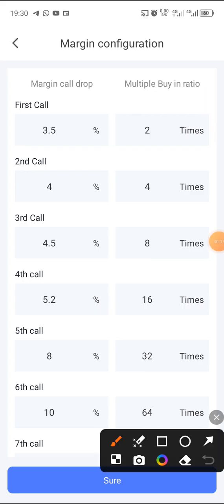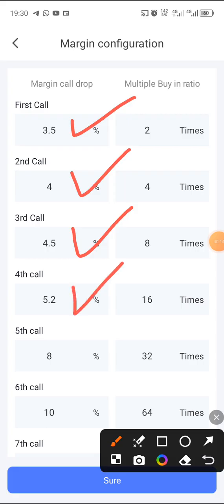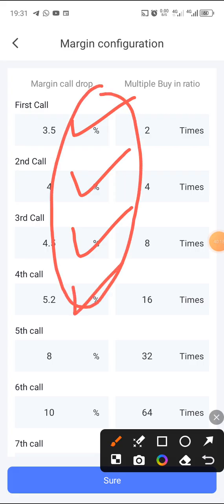Remember, I told you that margin call number 1, 2, 3, and 4 are sold at once. And since these margin calls are sold at once, we want to make sure that our robot buys these 4 margin calls faster. So we are going to be setting them like this.